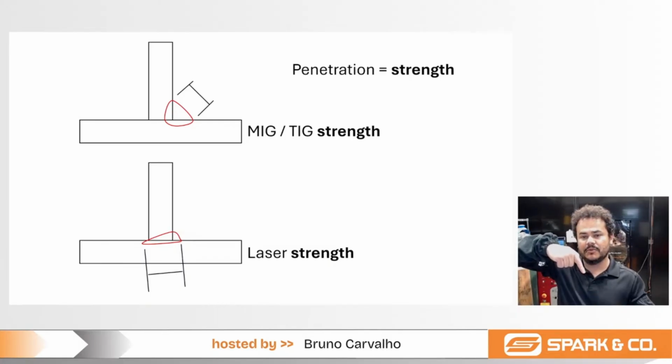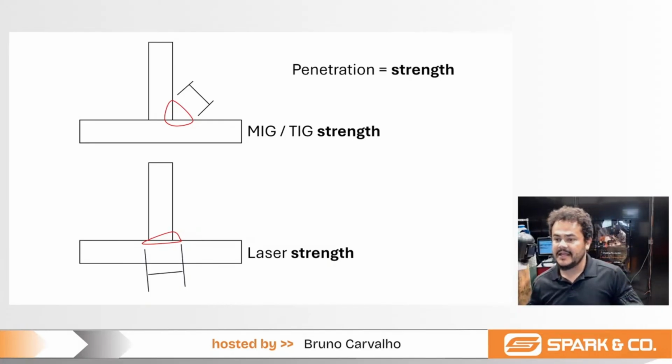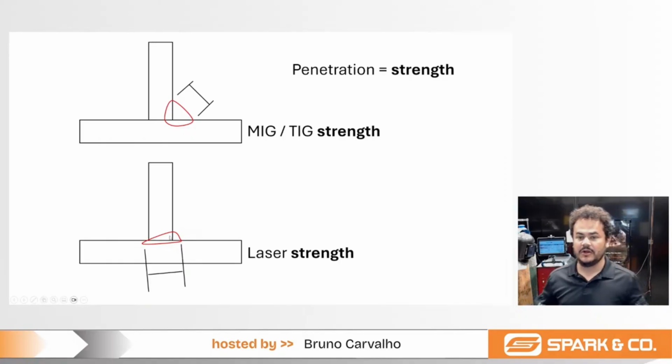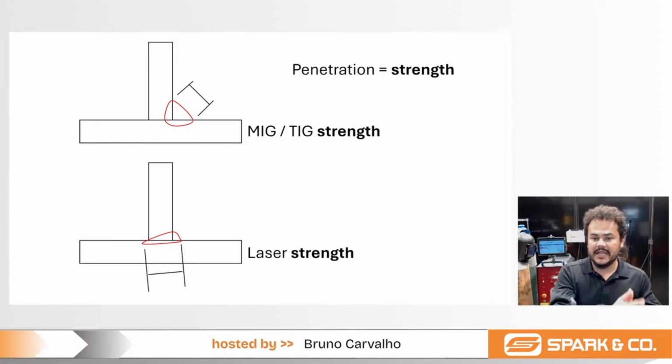The laser is going to replicate that angle, and then I'm going to shoot the laser just on the base plate, not hitting the side here. That means I have no strength, not the same as the other procedures. So that's why angle is the first thing when you talk about penetration. We need to keep a good angle, right?